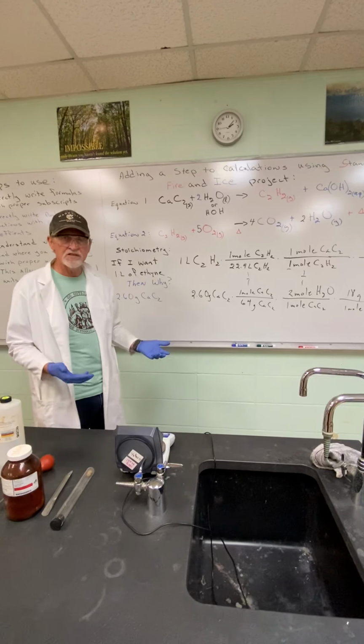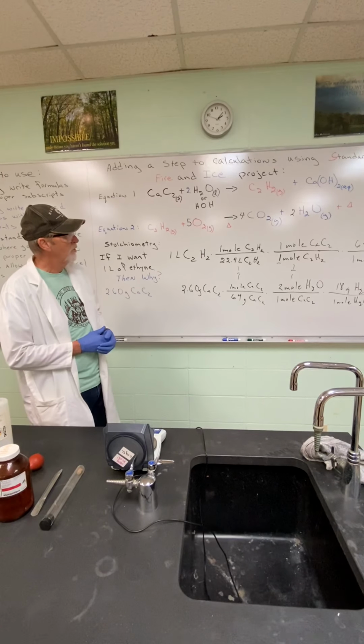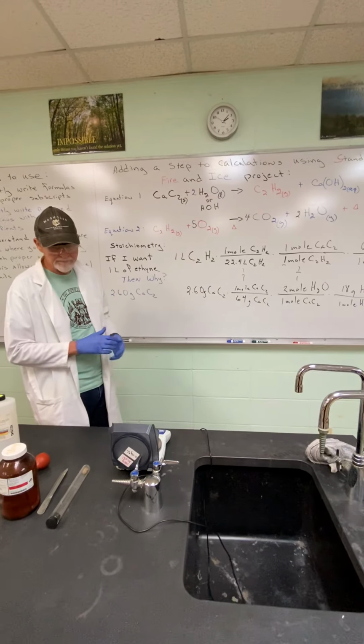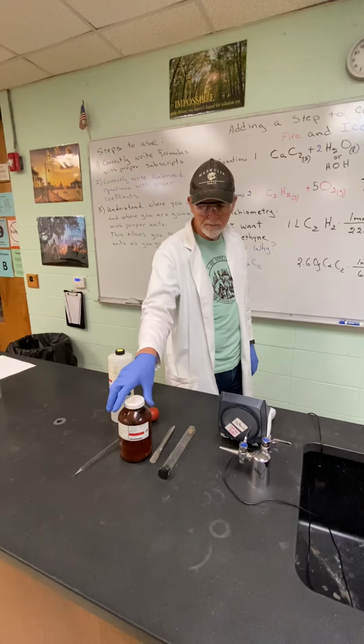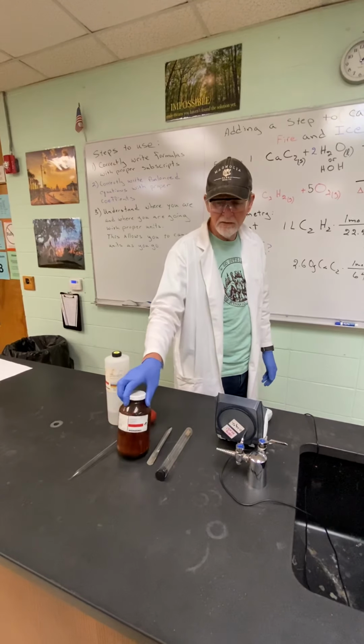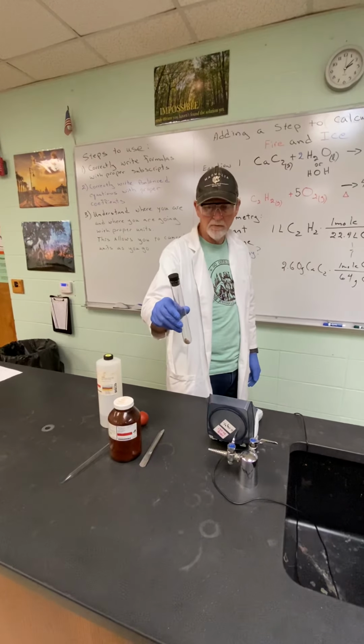But let me get this set up for you, and then we'll talk a little more about what's going on here. I'm going to use phenolphthalein and calcium carbide. I've already got the calcium carbide here.